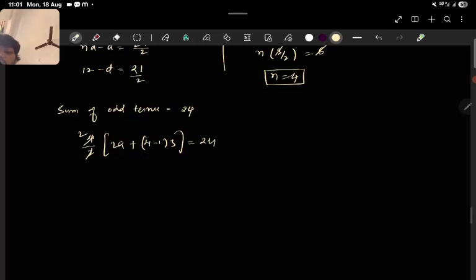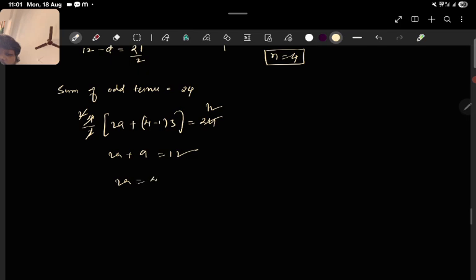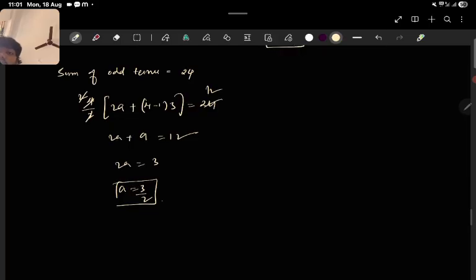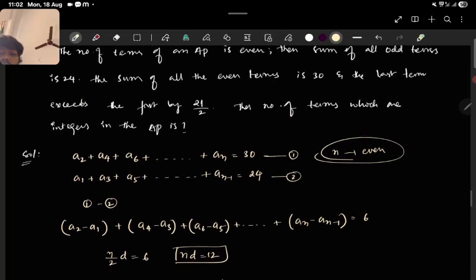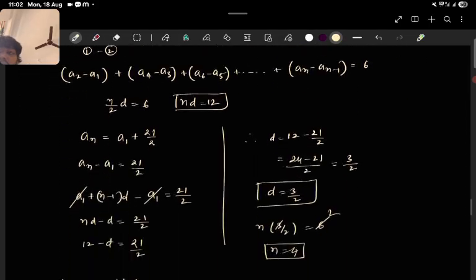So 2a plus 12 minus 3, that is 9, is equal to 12. 2a is equal to 3, so a is equal to 3 by 2.